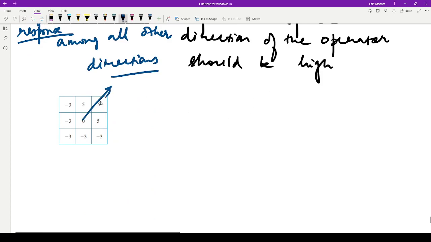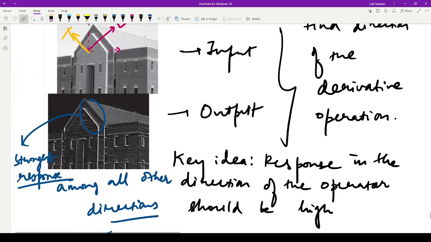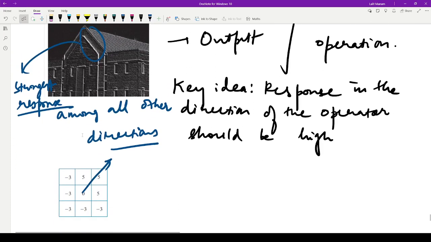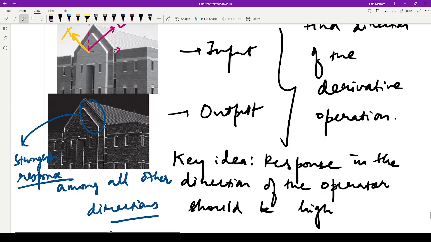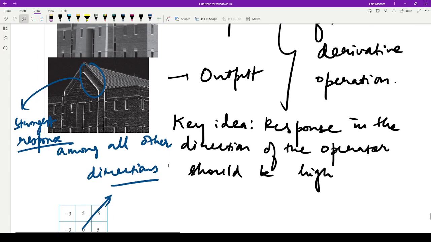Can you see it is in this direction? Is it fine? So the core idea is you have to check the response of the direction where it is strongest. That's it. Based on that, you can guess the direction of the filter.